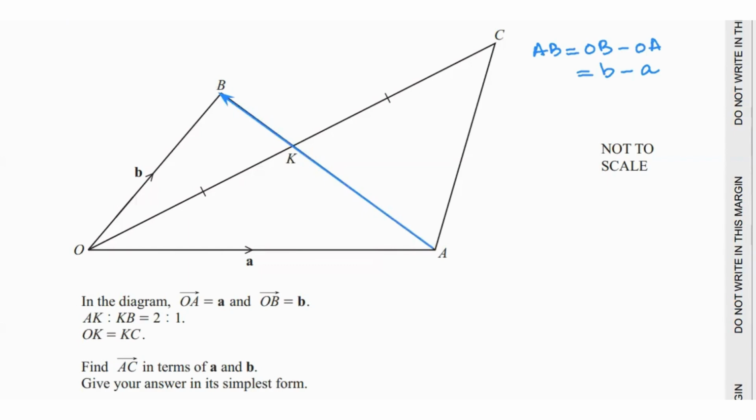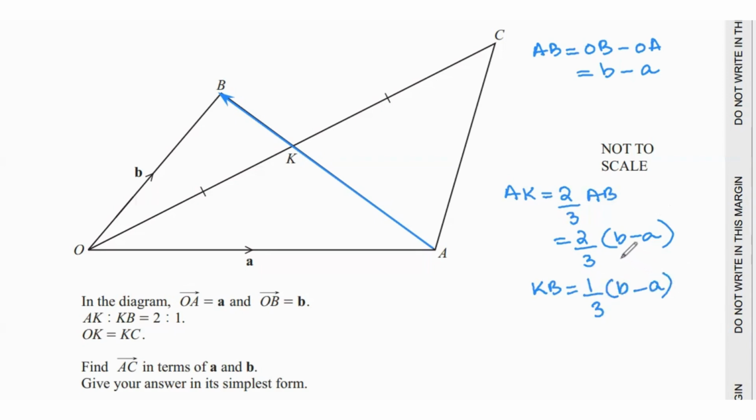Now in the question it states that AK is to KB is 2:1. So AK would be 2/3 of AB. So that's 2/3 of b minus a. And KB would be 1/3 of AB, which is 1/3 of b minus a. Why did we multiply it with AB?